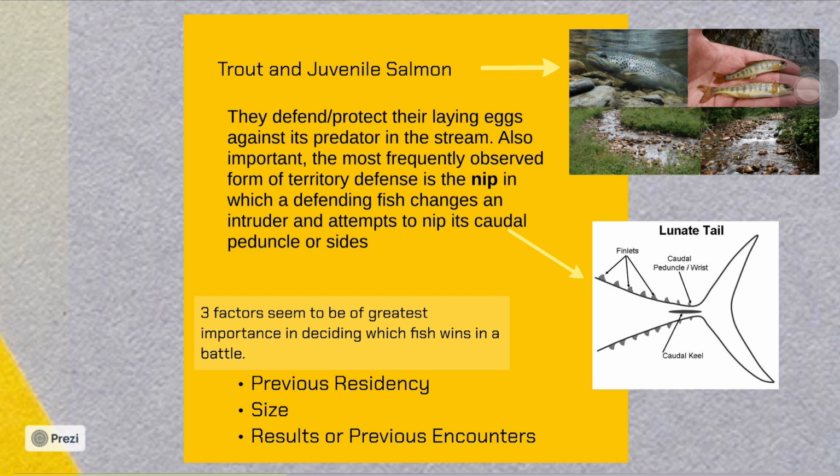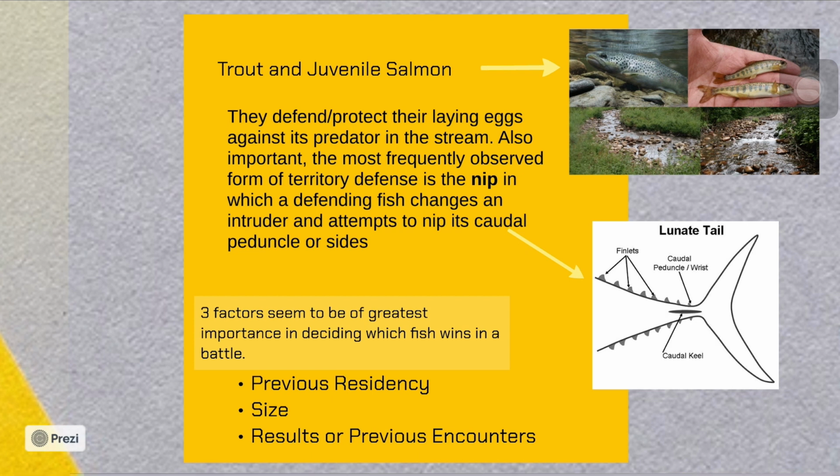So three factors seem to be of greatest importance in deciding which fish wins in a battle. This is the best way to describe the characteristics of fishes that win in a battle. First, previous residency, being territorial.